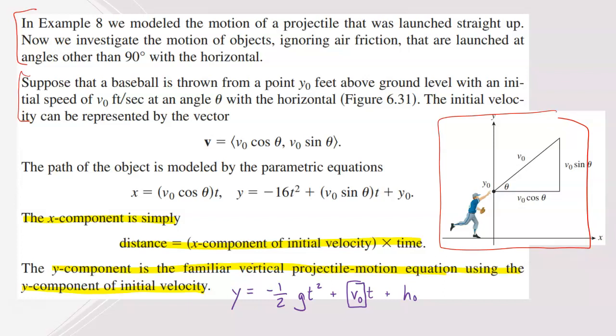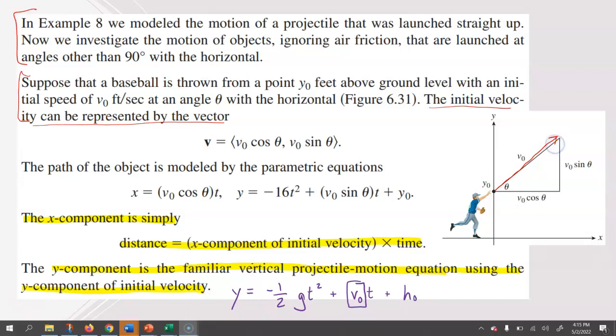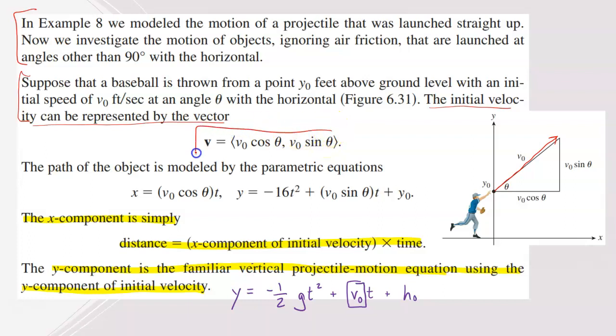In this scenario, we're dealing with a baseball player throwing a ball. And so we can model the initial velocity by using a vector. So the vector that we would create, the initial velocity, we could put that in component form. So that's what this is showing.